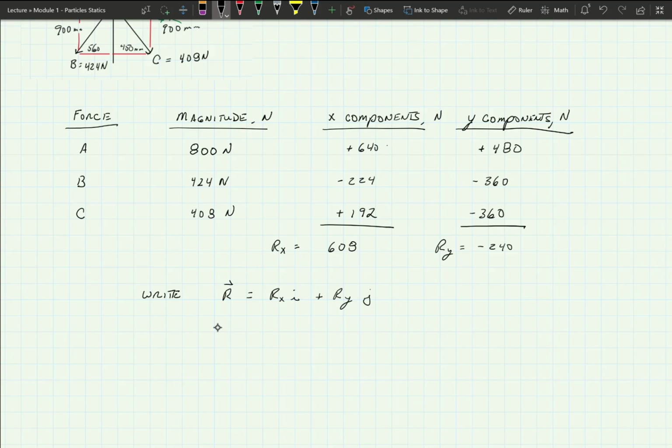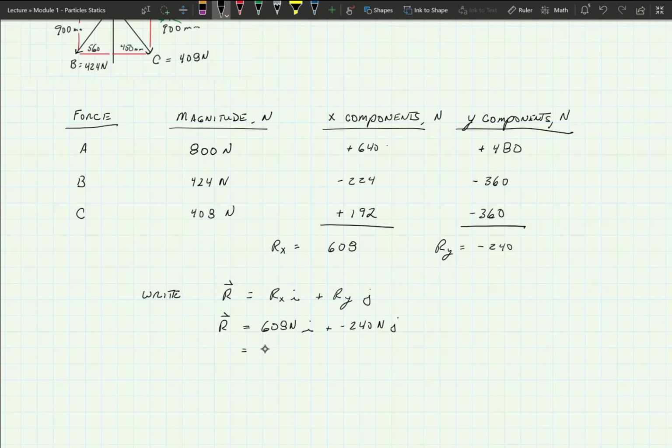So if I write this out, 608 newtons times i plus negative 240 newtons j, and then rewrite that.